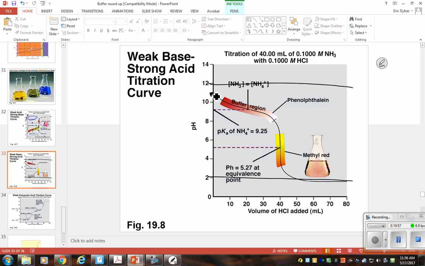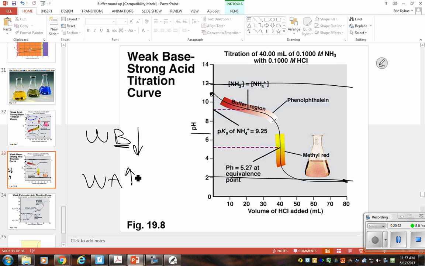Weak base because it's below 12. What am I adding to it? Strong acid. And if it's a weak base, think WB. At equivalence, the pH is going to be below 7 because it kind of gets shoved down. Weak acid, the pH at equivalence would be above 7. If it's strong and strong, they're the same. Think S and S is the same.